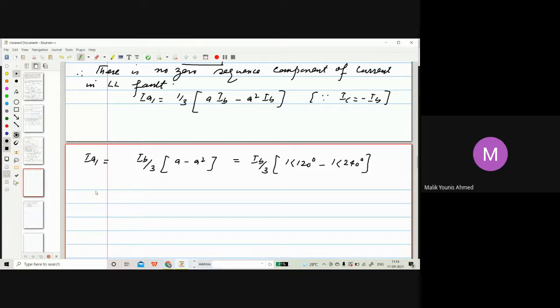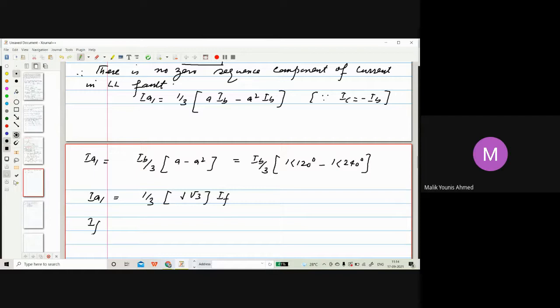IA1 will be equal to 1 by 3, and this will come out to be j under root 3, and IB is also equal to IF, the fault current, because later we'll be calculating the fault current. So under root 3 will come in the denominator.